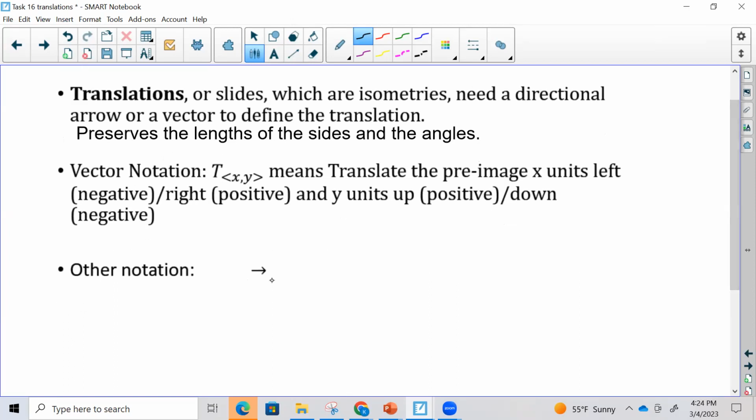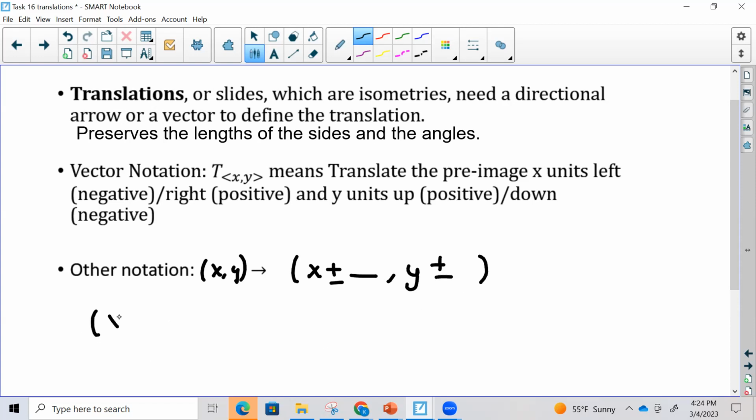The other notation that is often used is they'll say translate (X, Y) to X plus or minus a number, and Y plus or minus a number.